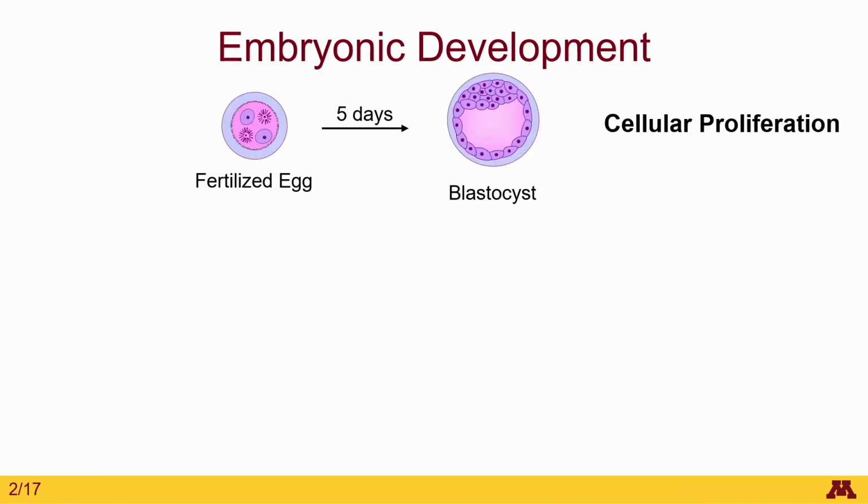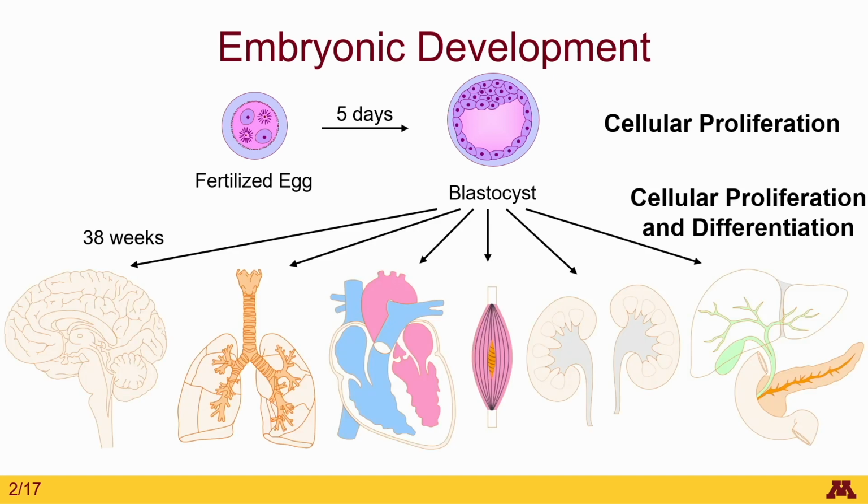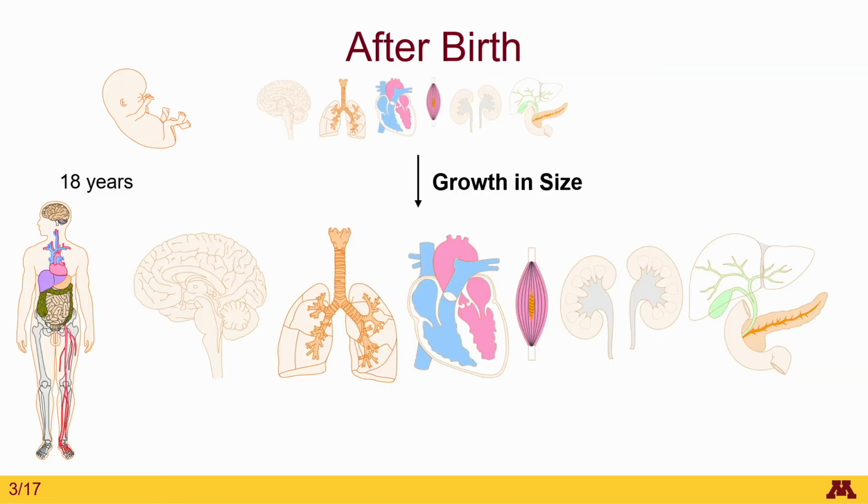As you all know, the difficulty is, of course, that during embryonic development, proliferation is very abundant in the first 5 days. That's the main thing that happens. And afterwards, you have a lot of differentiation to give rise to the individual organs. But after birth, there is a complete lack, although exactly at what time point in humans this happens, we don't really know.